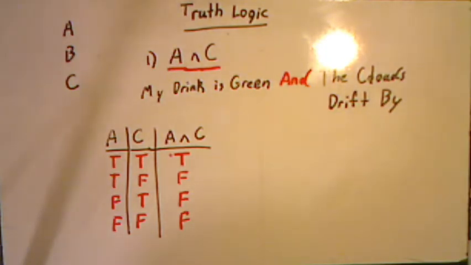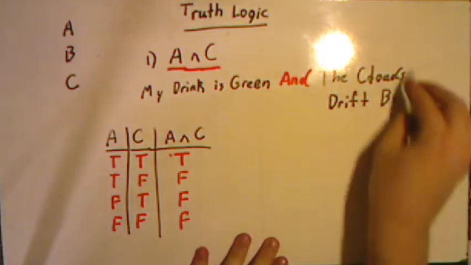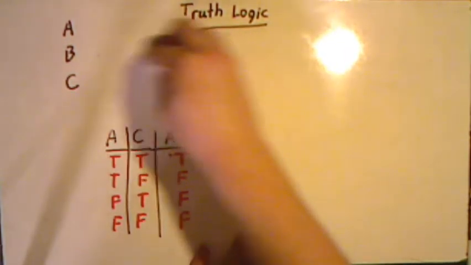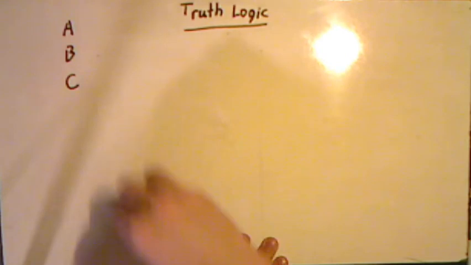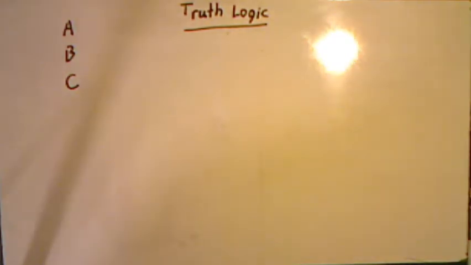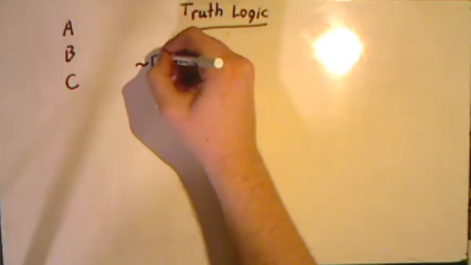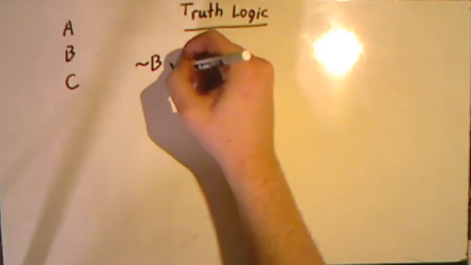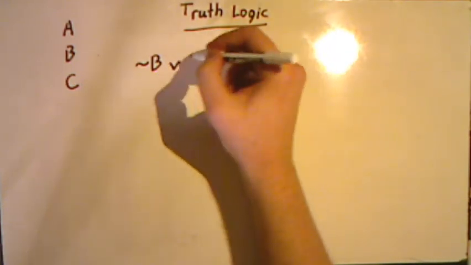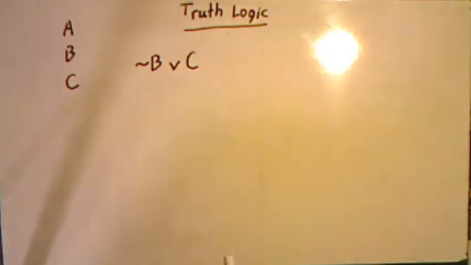If we go on to our second question, we have that little squiggle in front of our B. We have a right side up V and C. So now we're using our B term, which is a little bit different. It is the sentence, it is raining.